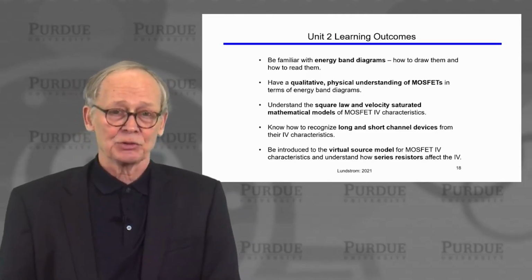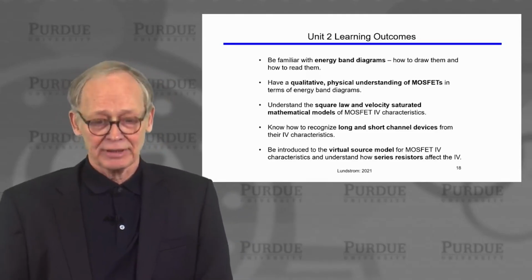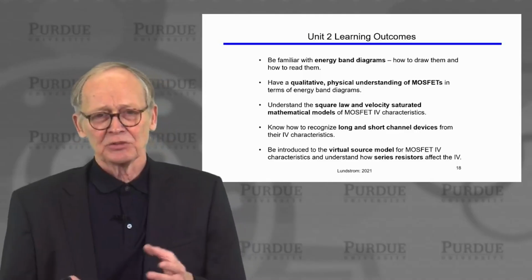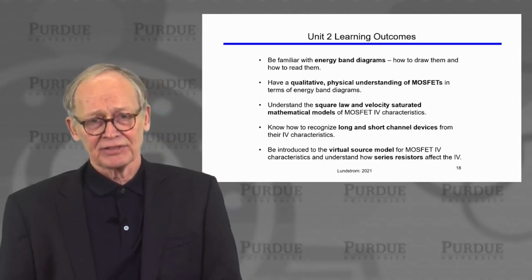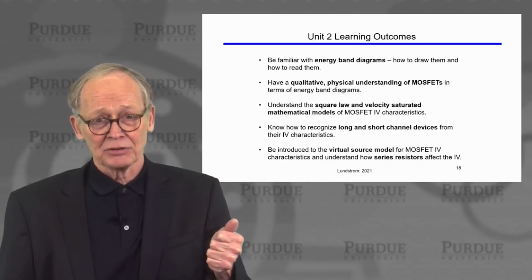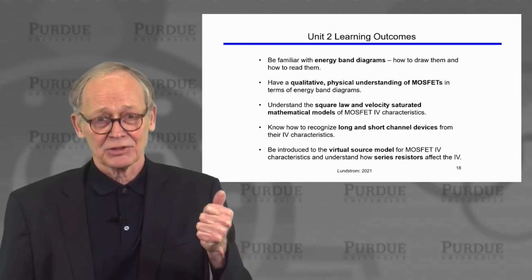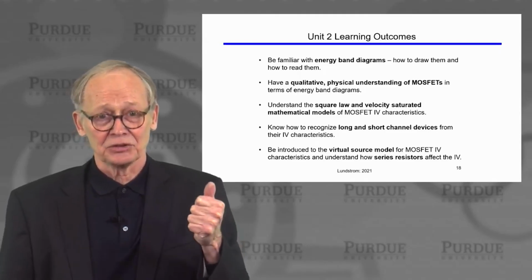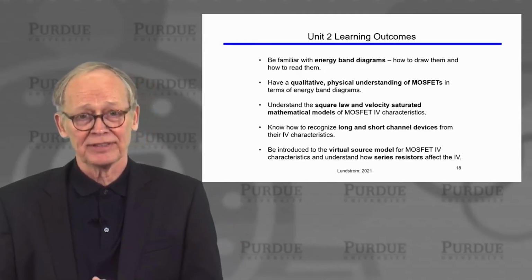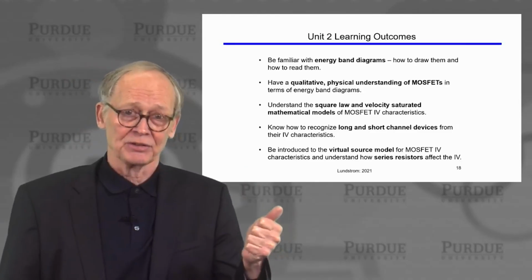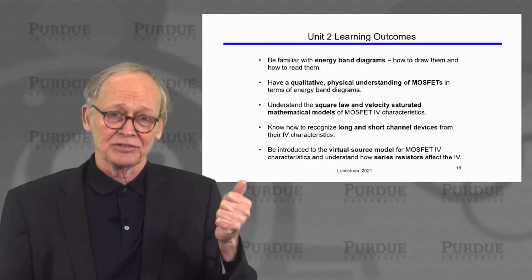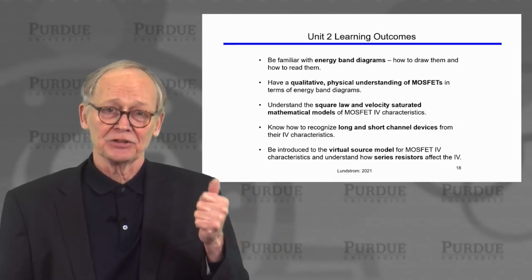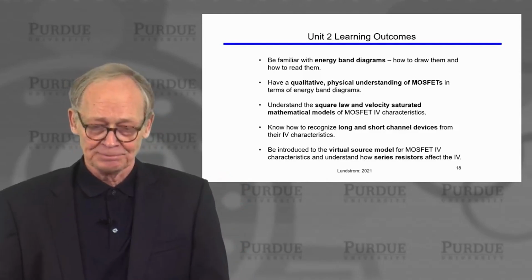We dove into the traditional IV theory of the MOSFETs. We discussed briefly how you look at an IV characteristic and say, that's a long channel device. The saturation current increases quadratically with VGS minus VT, or that's a short channel device. The drain current in saturation increases as VGS minus VT to the first power.